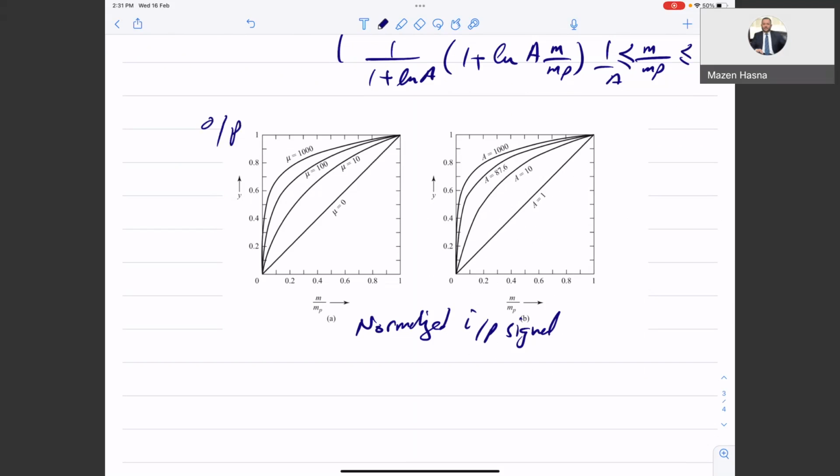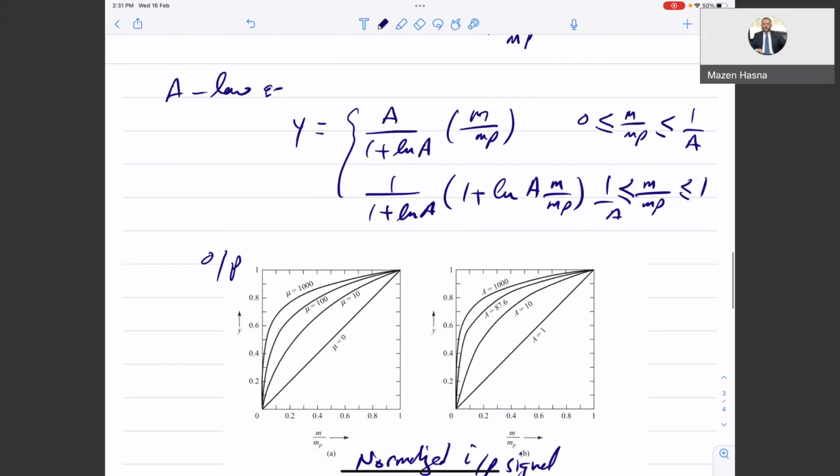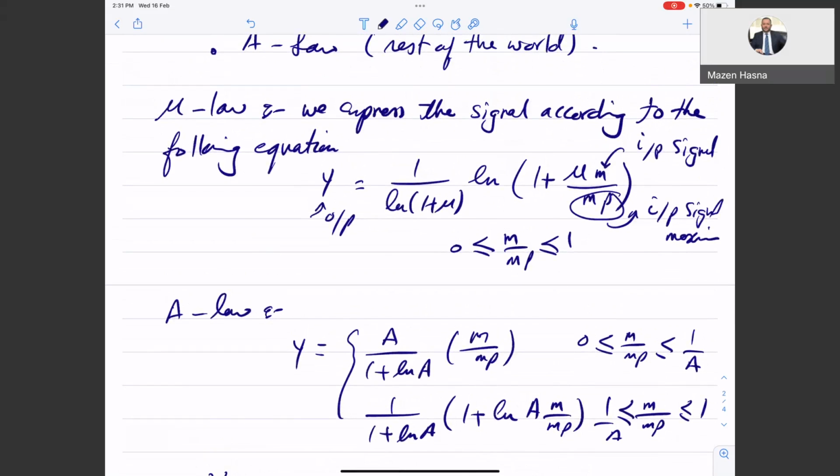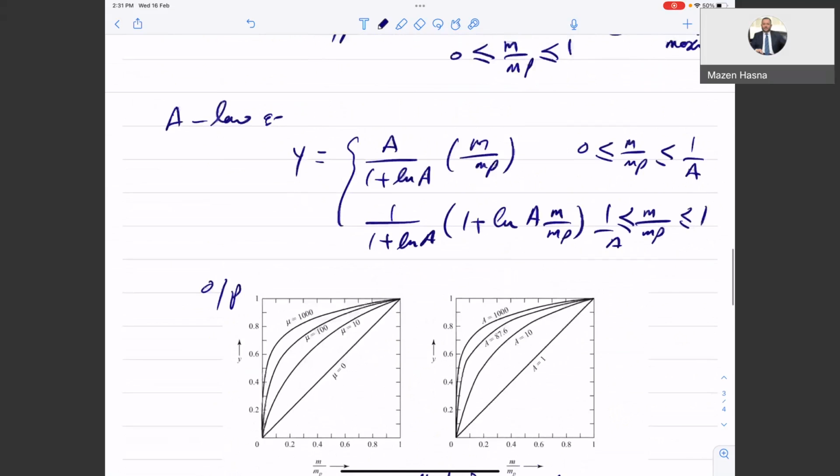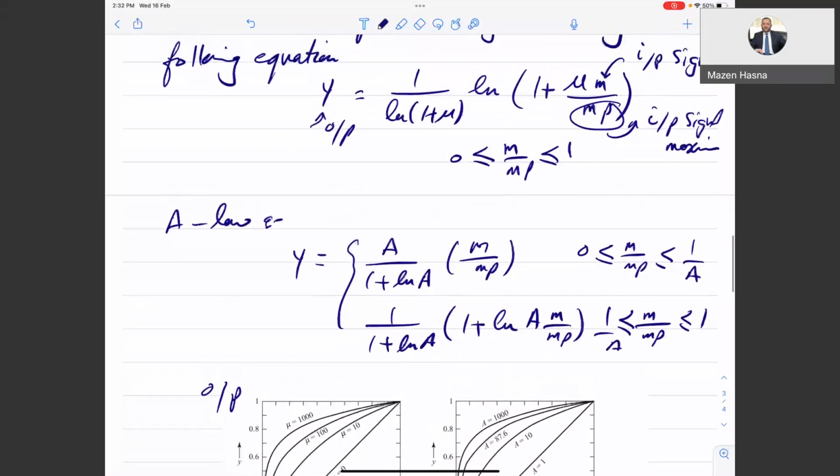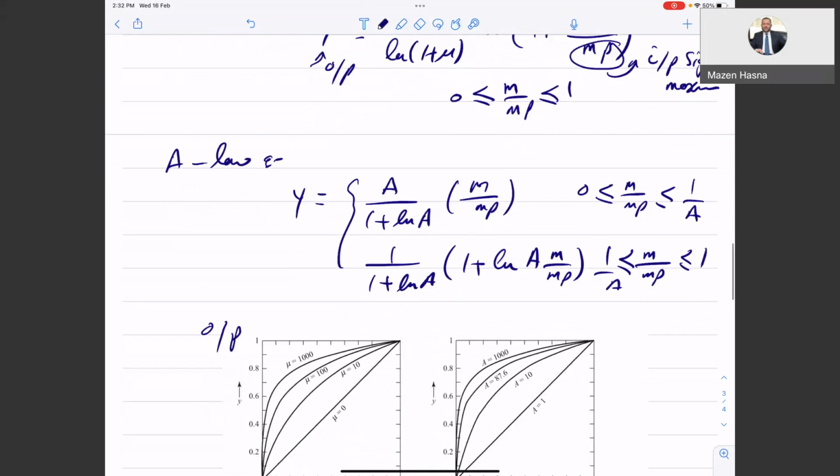So if mu equals 0, ln 1 over ln 1, they cancel, and the output y is m. For A equals 1, let's check.